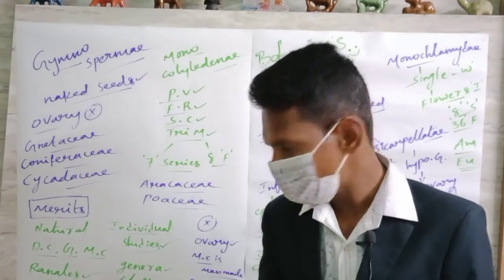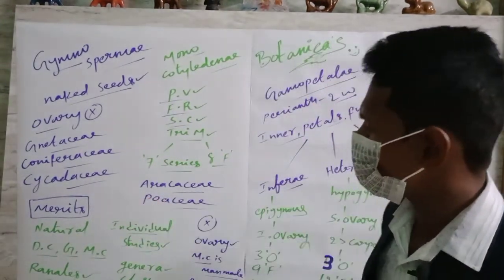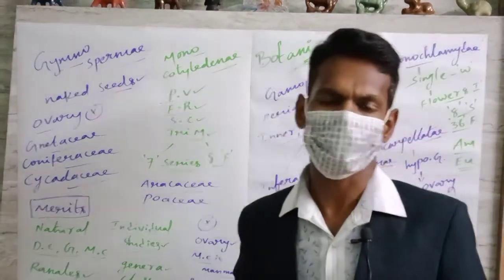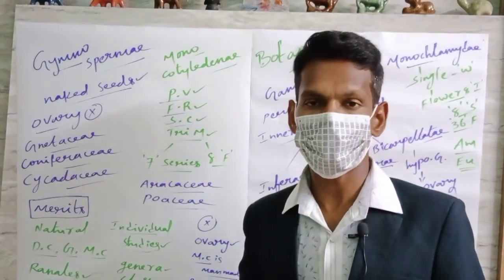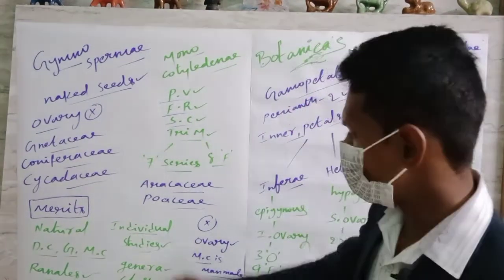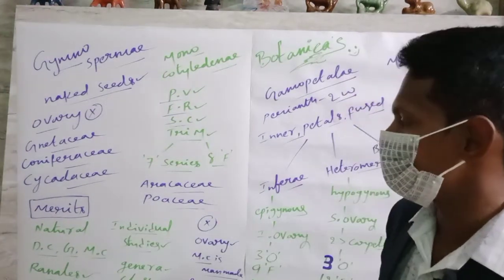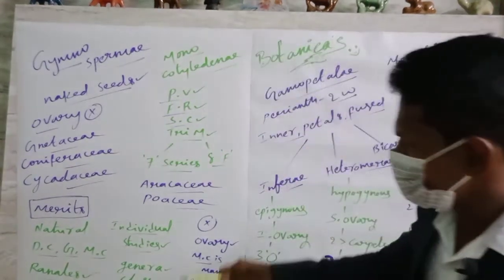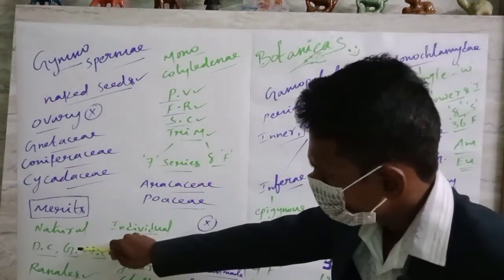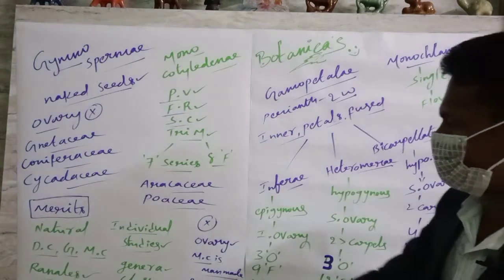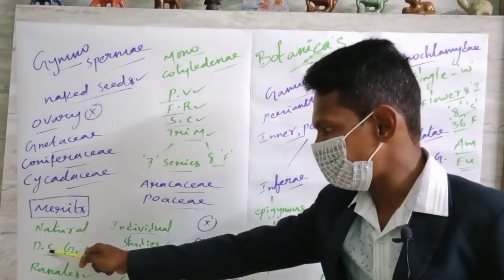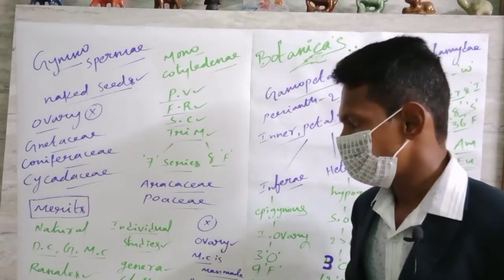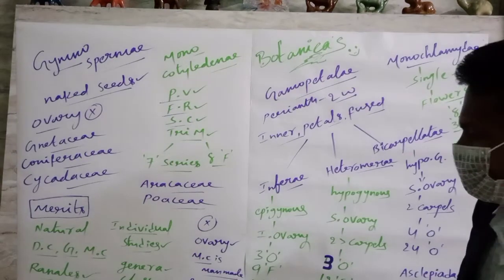So the positive features or merits of the Bentham and Hooker system: one is that this is a natural system of classification, that is an excellent merit. Naturally, this system is proposed based on morphological features. Next, the gymnospermae is placed in between dicotyledone and monocotyledone. So that is one of the features and merits.